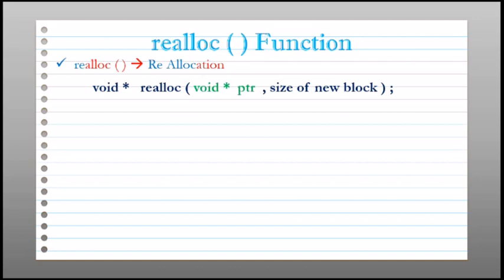The second is the size of the new block. Realloc is the name of the function and the return type is void pointer, which returns the address of the first memory location.